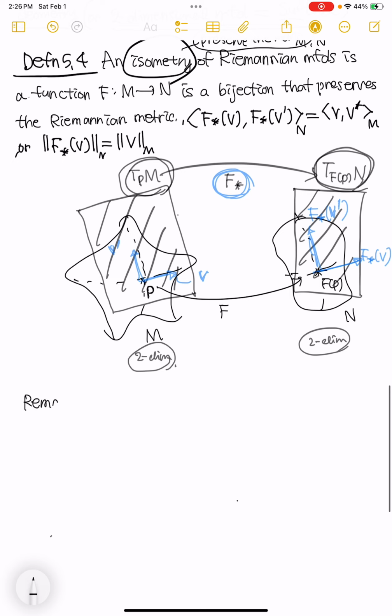An important remark is that F in this definition, the map F, is a diffeomorphism.